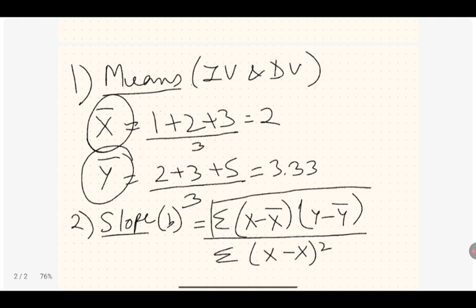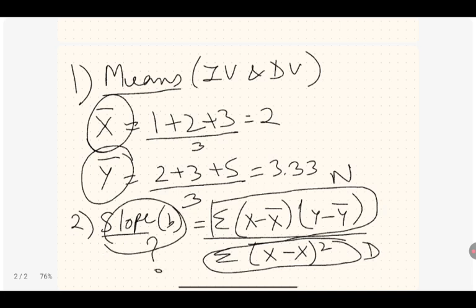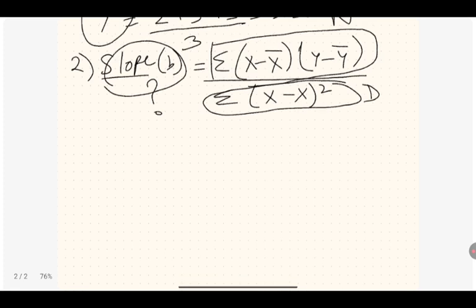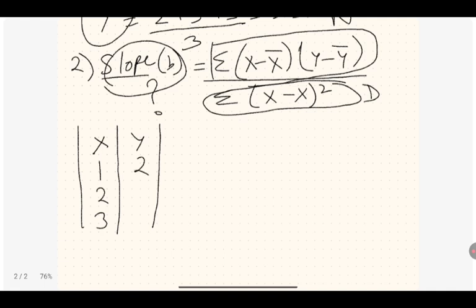First we are going to calculate the numerator and then the denominator to find out the slope. For the numerator, we know the values of x and y: x is 1, 2, 3, and y is 2, 3, 5.